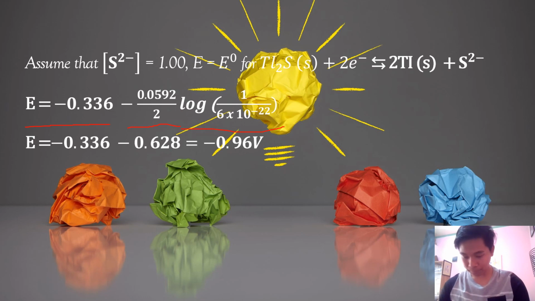If we input this in the calculator, it will give us a voltage of negative 0.964166723, or just to summarize, negative 0.96 volts.